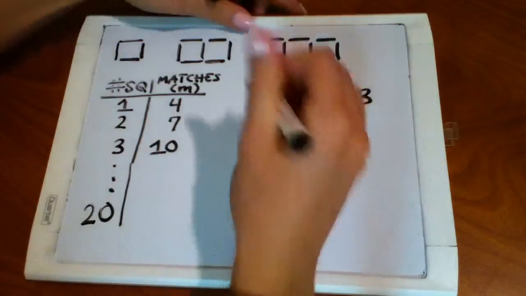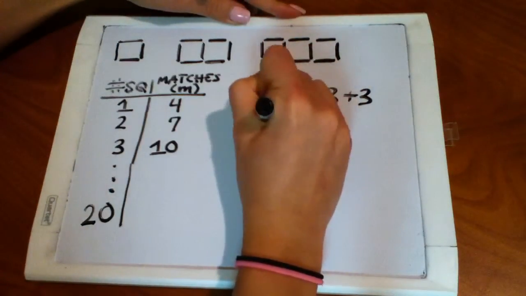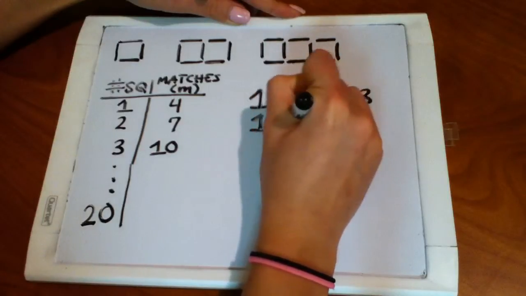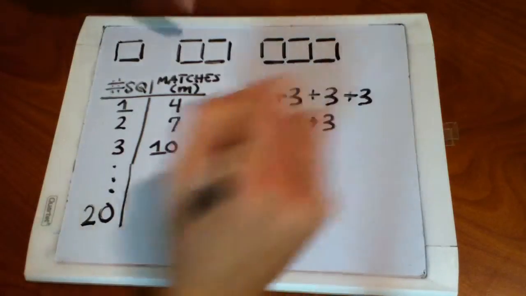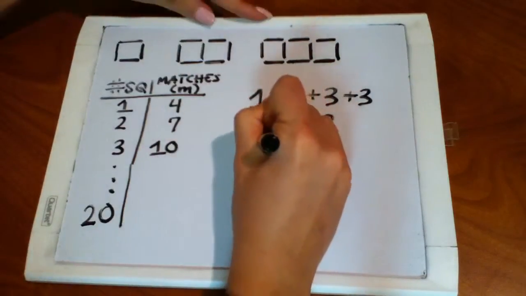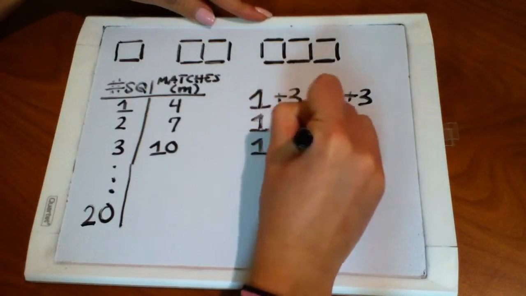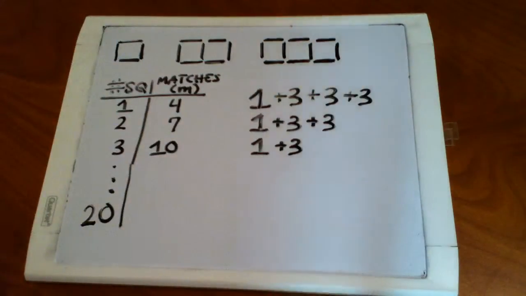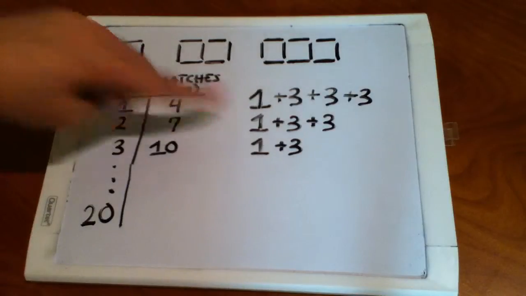So if we write this out, we see that there's a pattern of adding 3.